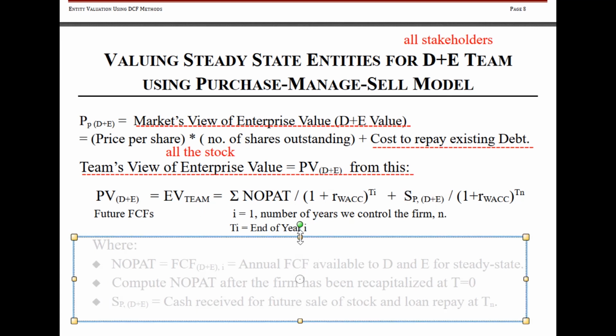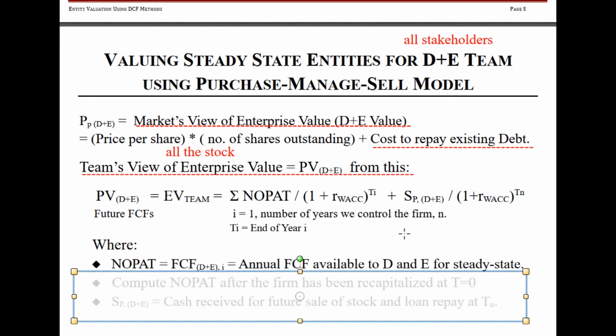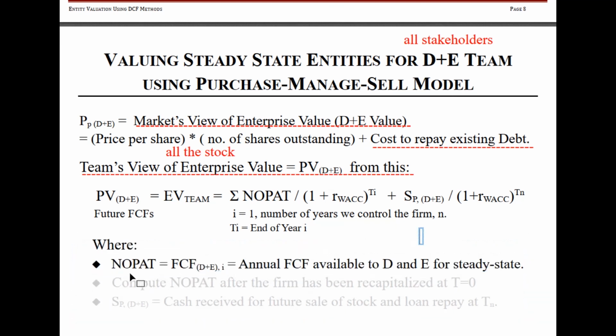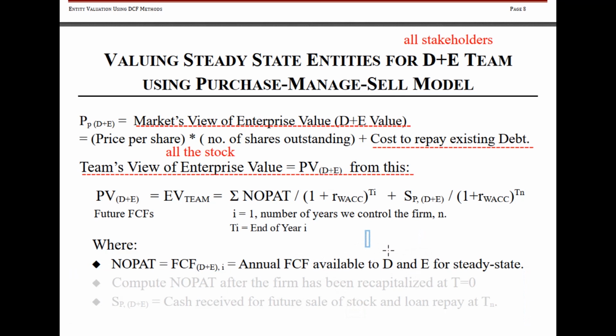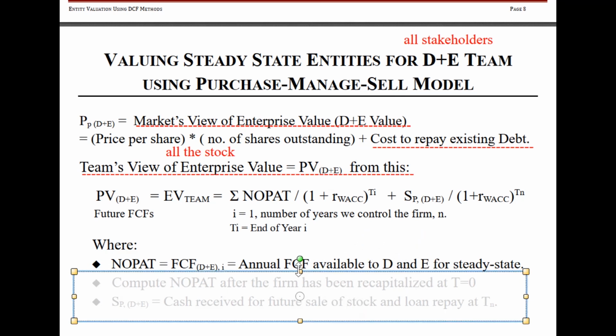And let's make sure I've talked about all the terms in here. The NOPAT is equal to the free cash flow available to all the stakeholders in any given year I, because we're in a steady state company. This, which could be a very complicated thing to compute, turns out to be simple to compute: NOPAT, which again is equal to EBIT times 1 minus the tax rate. And those are the free cash flows available to the entire team, the debt group and the equity group in our team.